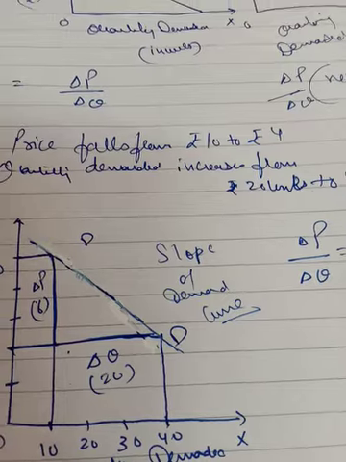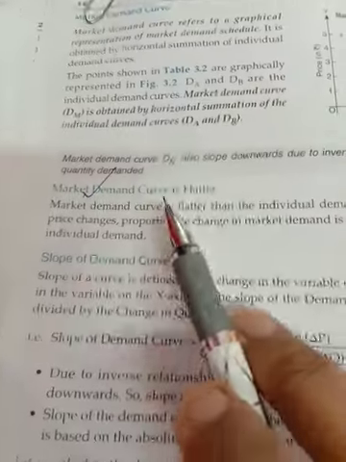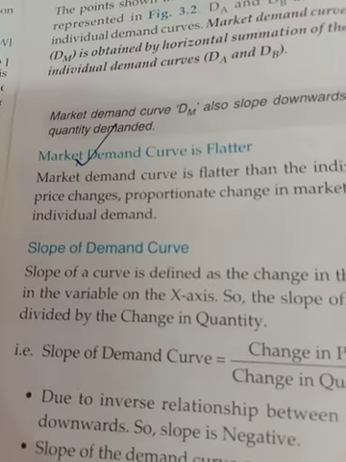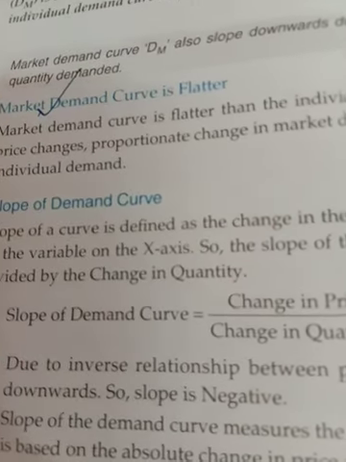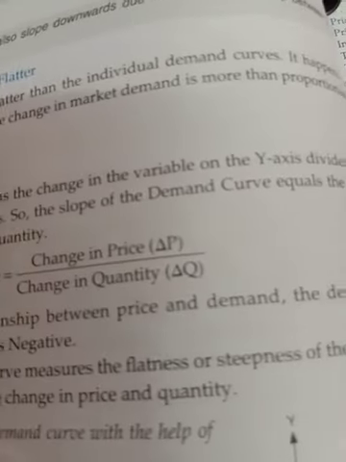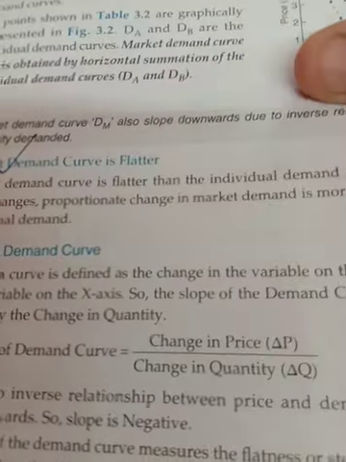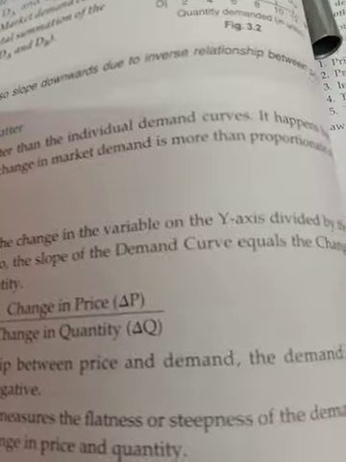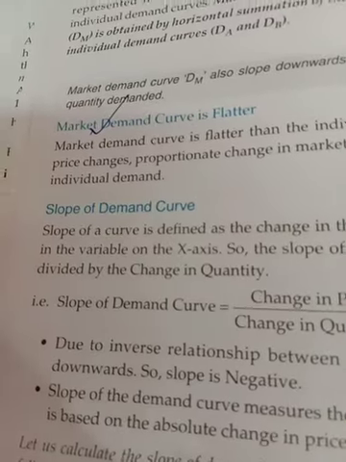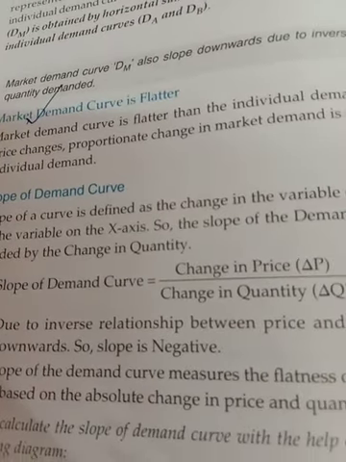The topic is given to you on page number 3.8 in Sandeep Garg, and the topic we are following is slope of demand curve. Slope of demand curve is defined as change in variable on y-axis divided by the change in variable on x-axis. So the slope of demand curve equals the change in price divided by change in quantity.